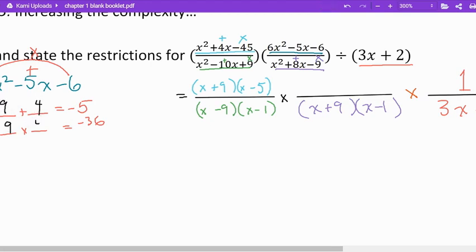And which one is negative? The 9. All right, so let's decompose: minus 9x plus 4x. I know I'm going a bit fast.